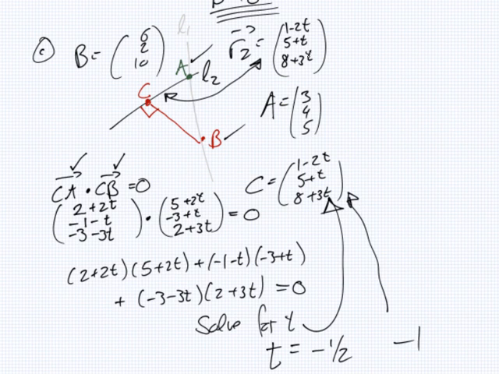Is it this one? Yeah, you'll get 3, 4, 5. So that means C is A, which is obviously not the perpendicular one. It's weird. I don't know why that comes out as an answer. But this is normal. You get two answers and you have to reject one of them.